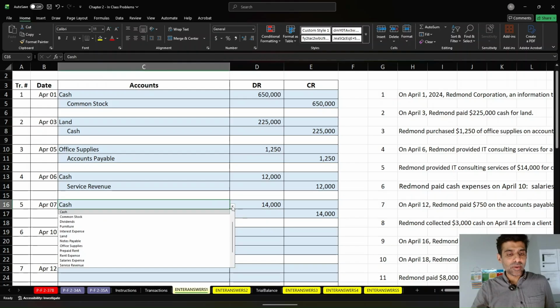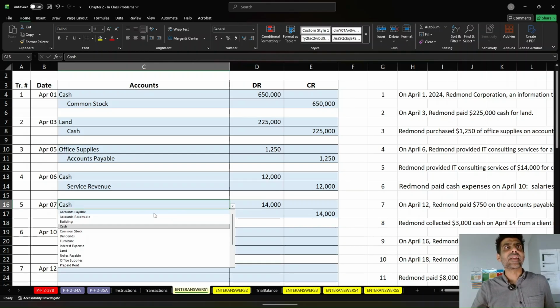What is it called when someone owes us money? Accounts receivable. What kind of account is that? Is it an asset, liability, revenue, expense? What is it? Who thinks it's an asset? Who thinks it's some other kind of, like, one of the equity accounts?